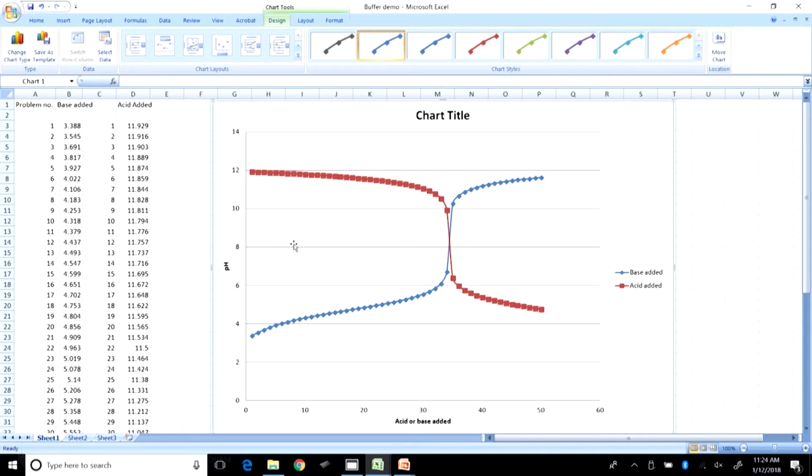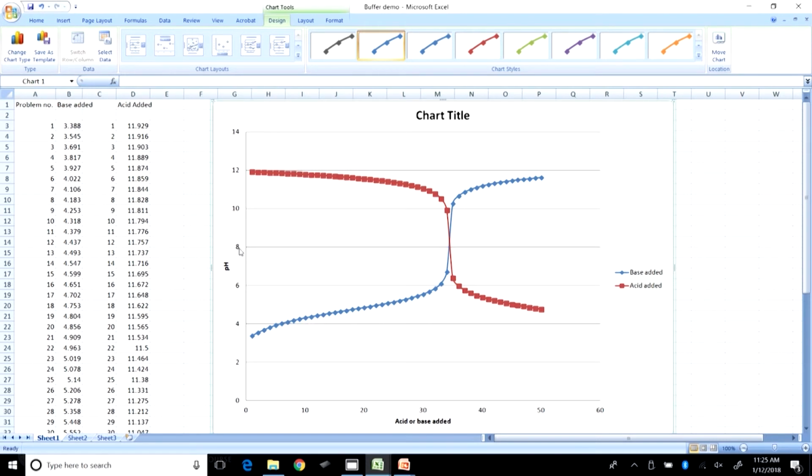To go from pH around 12 to pH around 11, I need to add almost 20 units of that 3 moles per liter acid. And same case here, to go from pH of around 4 to pH of around 5, I need to add around 20 units of this particular base.